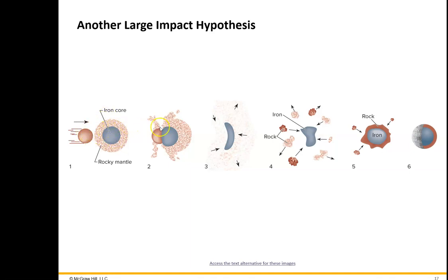It hits, and let's say there was a large rocky mantle initially, which we don't know. If there was, after this collision, a lot of that rocky mantle got shot off, and then what remained is a little bit of rocky material, and then mostly an iron core, which accounts for its high density.